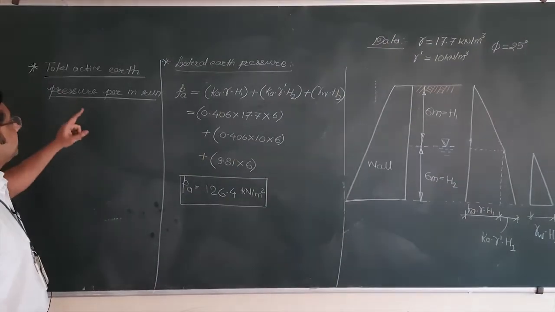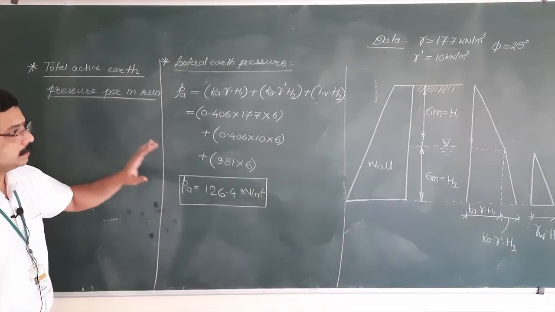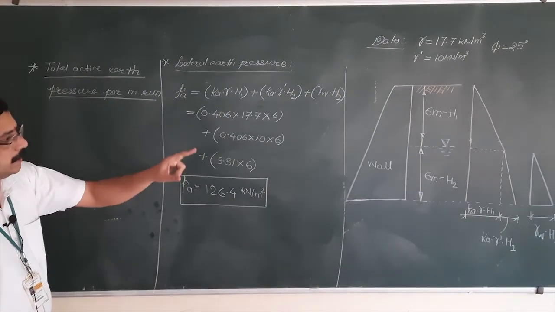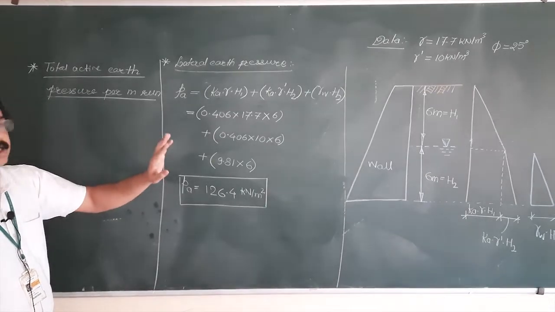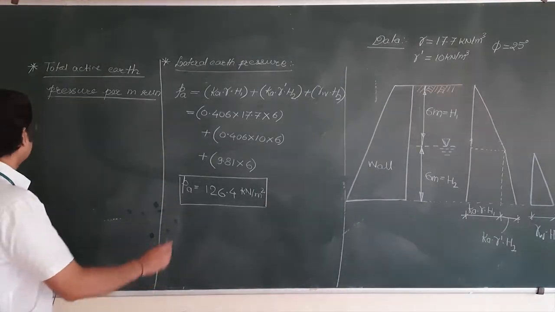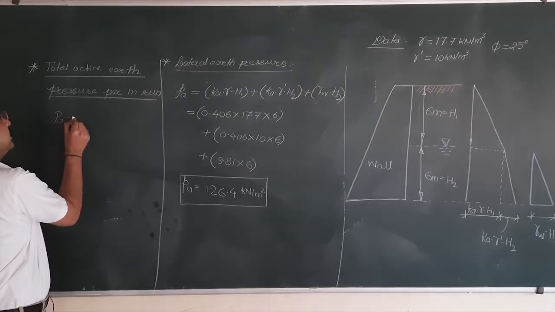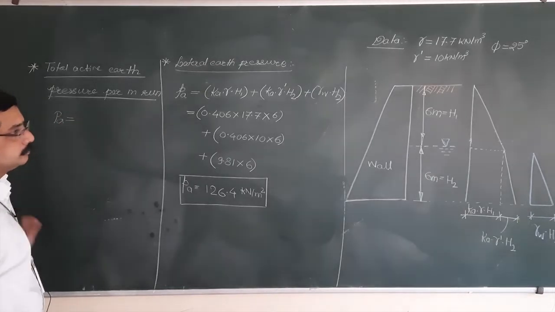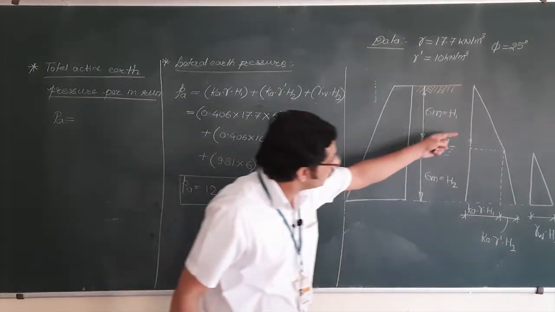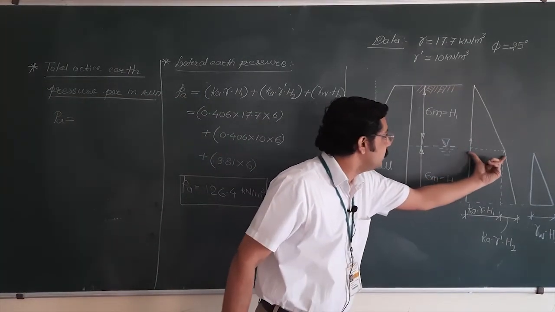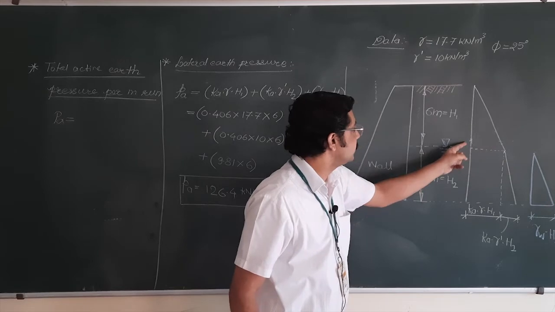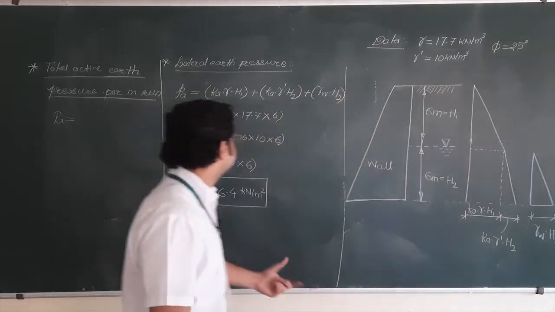Now total active earth pressure per meter run is calculated by adding the areas of all these components of the pressure diagram. So capital Pa, that is equal to the area of this upper triangle. It will be half base into height. Height is 6 meter and how much is base?